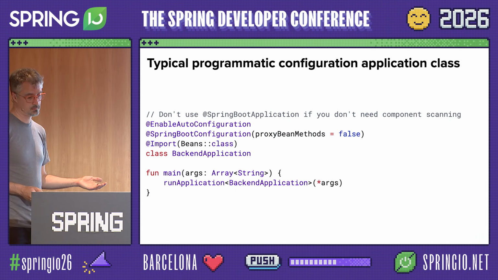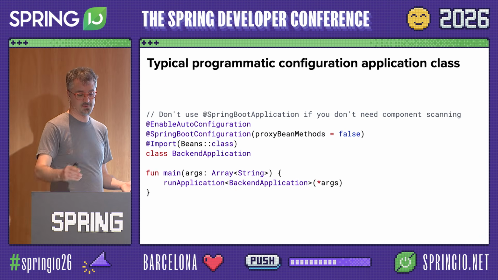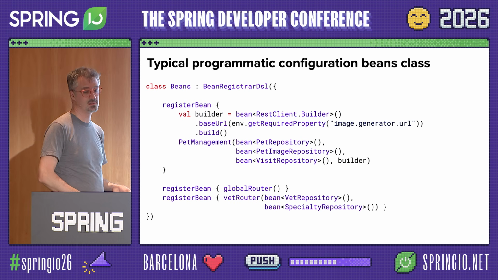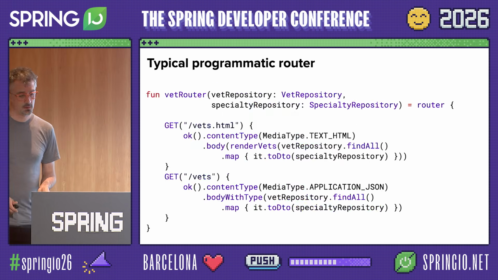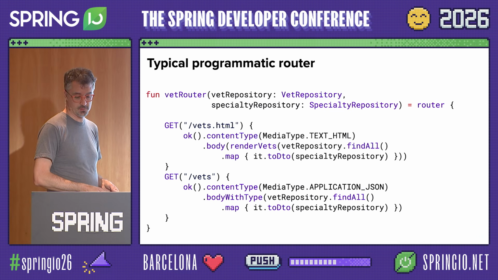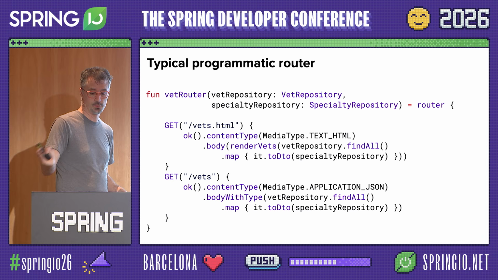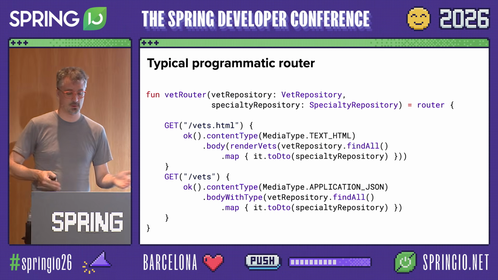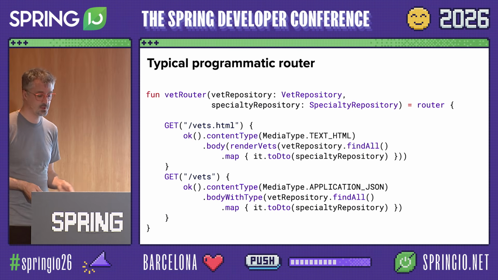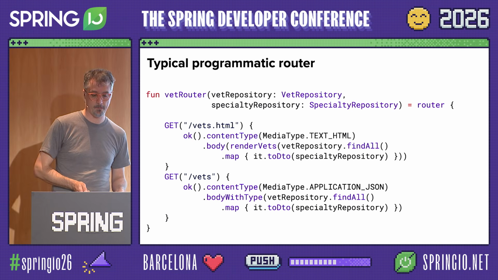And again, this is basically visible by your application because you are saying @Import beans, and beans is defined with that. The router will be a typical function-based router, so you will have a function where you are injecting the various dependencies, and then you declare your routes with router DSL, which has been here for quite a long time.